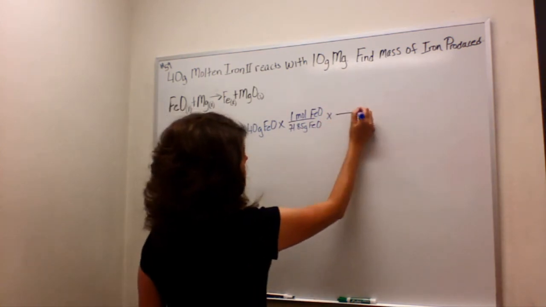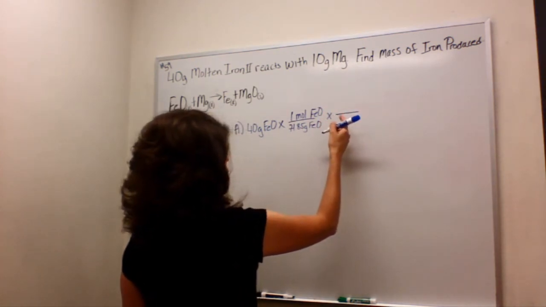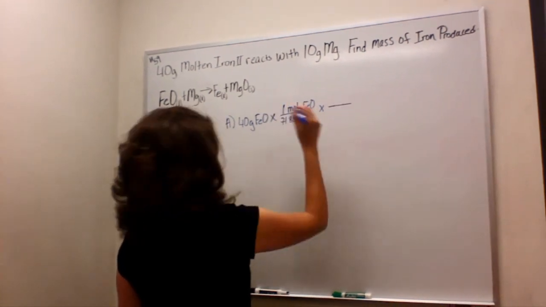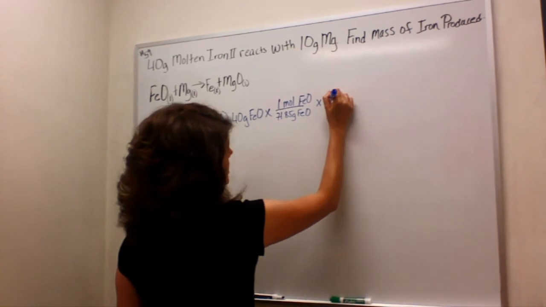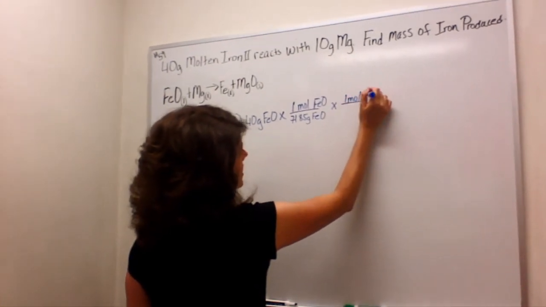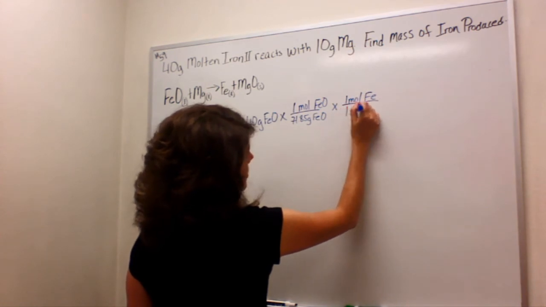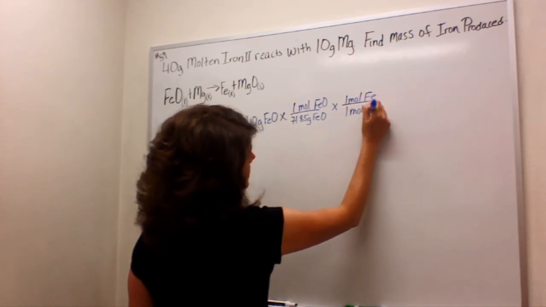Next, we're going to standardize our moles of iron oxide to our moles of iron. So we're going to say 1 mole of iron over 1 mole of iron oxide.